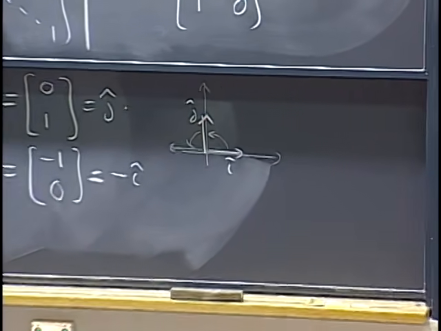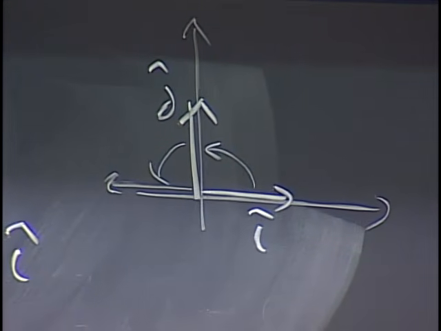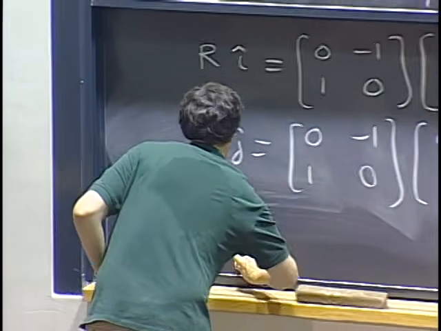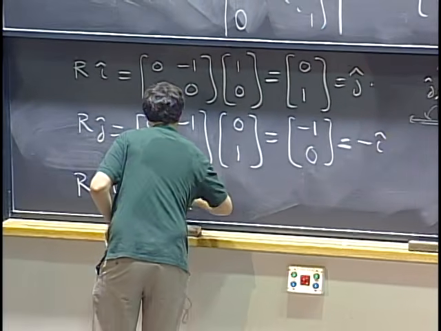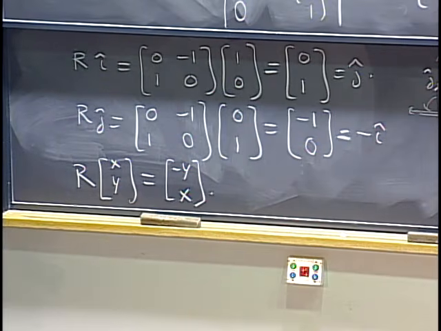And in general, if you apply it to a vector with components x, y, then you will get back (minus y, x), which is the formula we've seen for rotating a vector by 90 degrees. So it seems to do what we want.